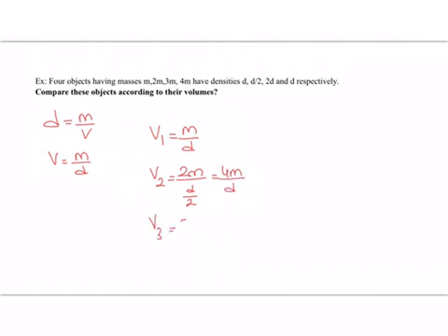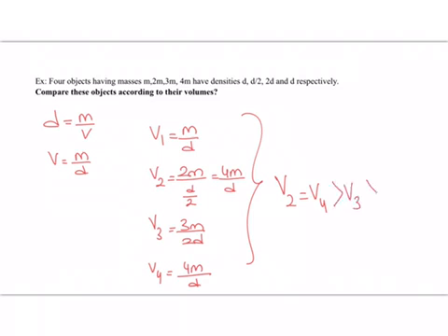V3 is equal to 3m over 2d, and V4 is equal to 4m over d. So we see that V2 is equal to V4, bigger than V3, which is bigger than V1.